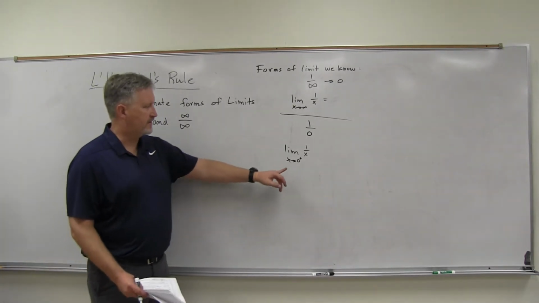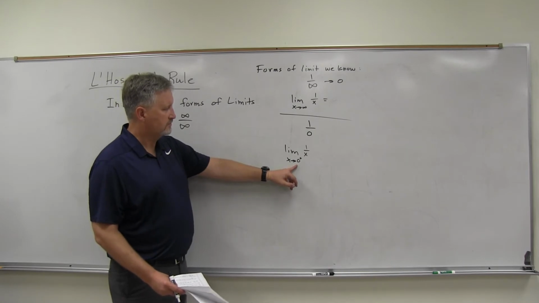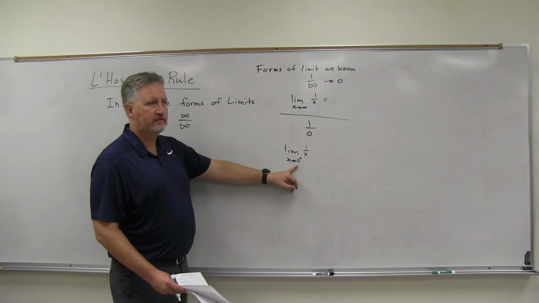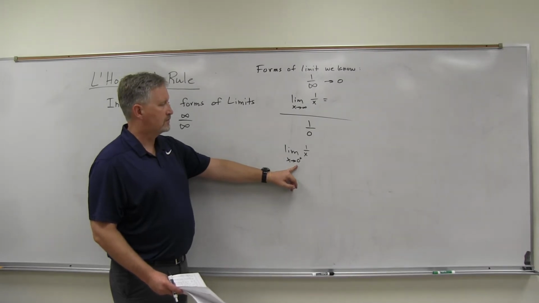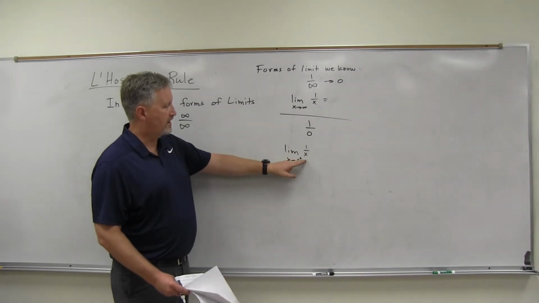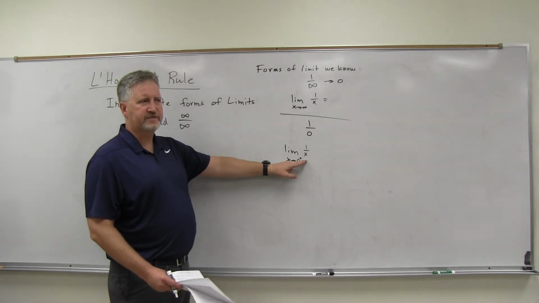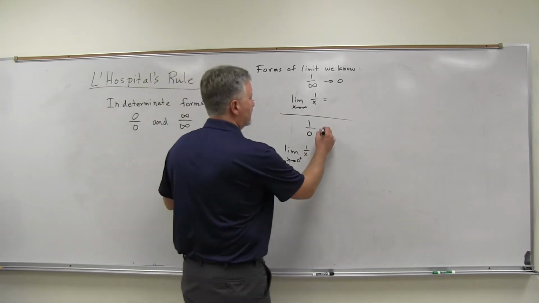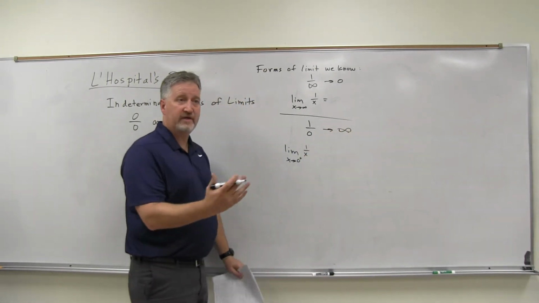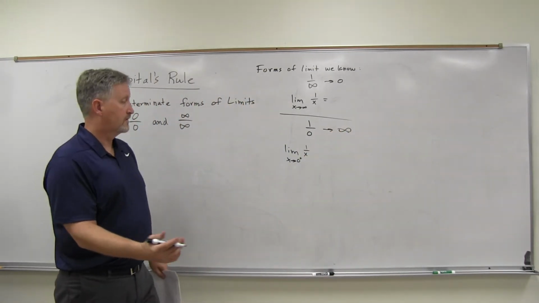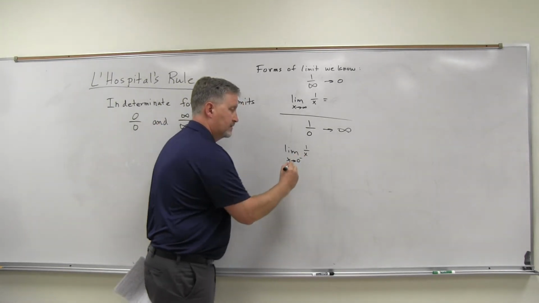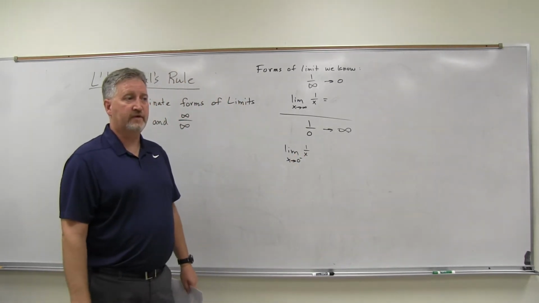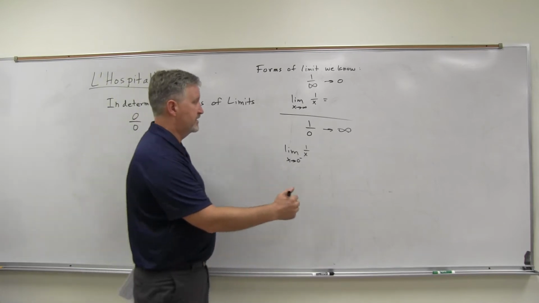Well, if you look at that, what do you got? 1 divided by a number that gets closer and closer to 0 from the right, positive. Infinity. That's going to be infinity. Now, it could be what else? Negative. If I approach 0 from the negative side, that's going to be negative infinity.